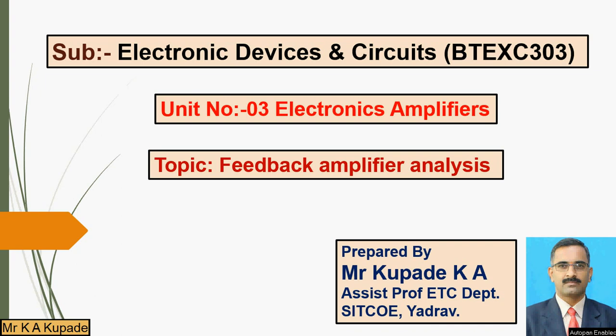Now, using voltage series feedback, the input and output resistance are calculated on the basis of the configuration: voltage series, voltage shunt, current series, current shunt.